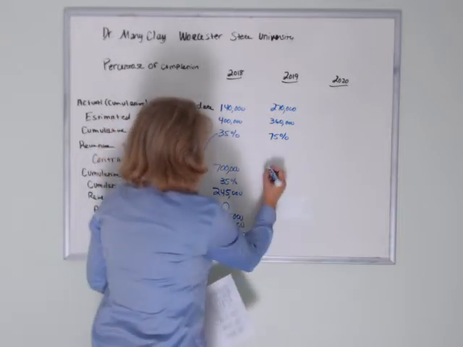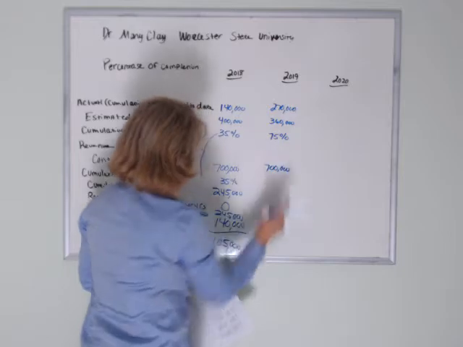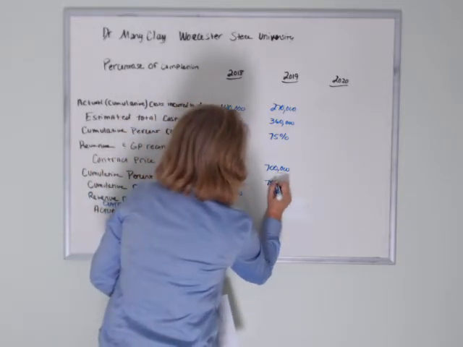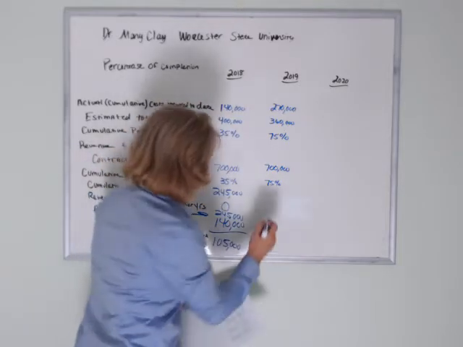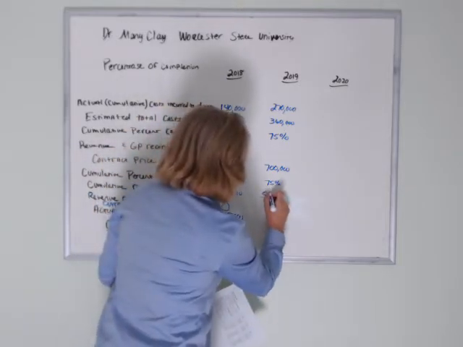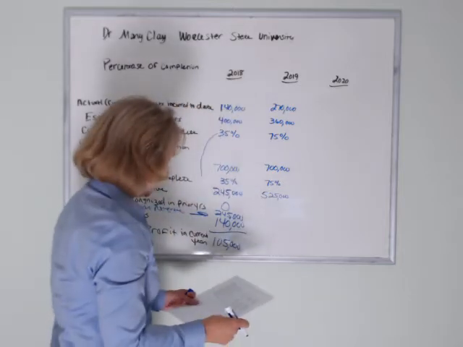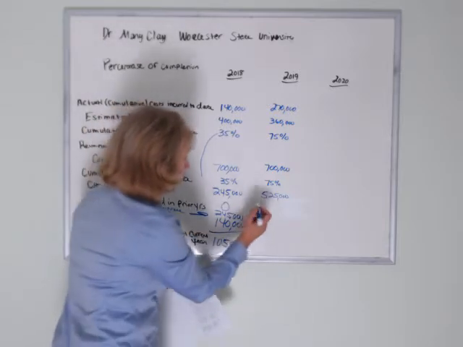You're going to take your contract price, which is $700,000, and multiply it by 75%, and that gives you $525,000. Now watch, this is how I caught that I missed this layer: you've already recognized $245,000.